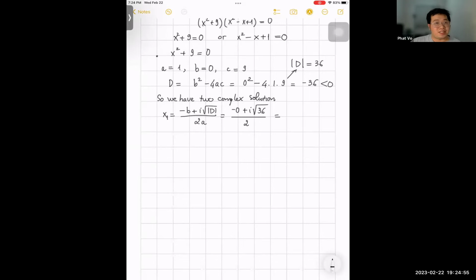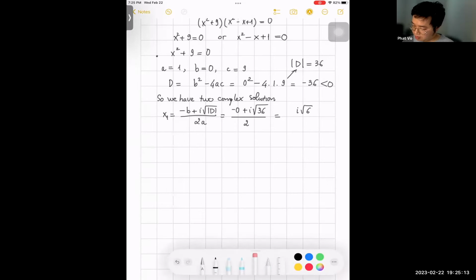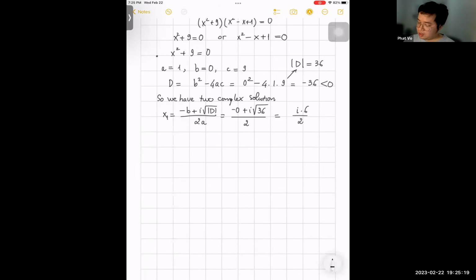Could you tell me how much the square root of 36 is? 6, exactly 6. So now we have i times 6 over 2, so this is 3i.